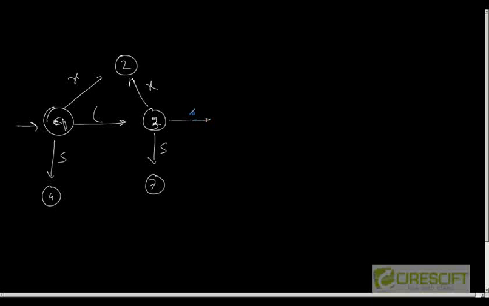Then suppose I consume L, then I reach state 5. From L, if I hit a right parenthesis, then I go to state 6. From 5, if I hit a comma I go to state 8, and from 8, if I hit an S, then I go to state 9.